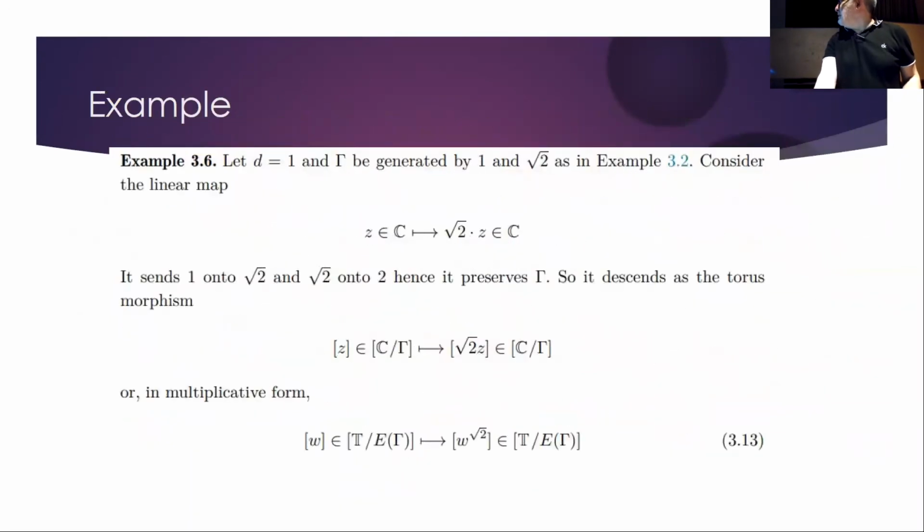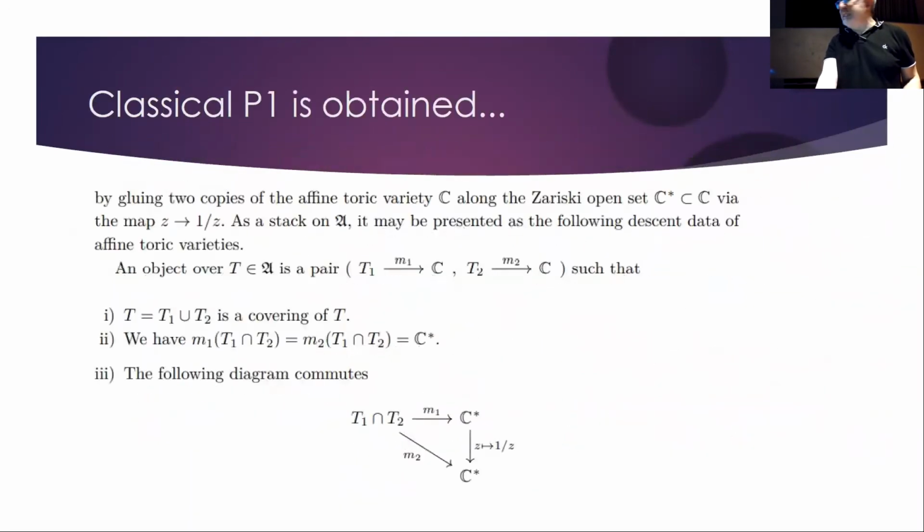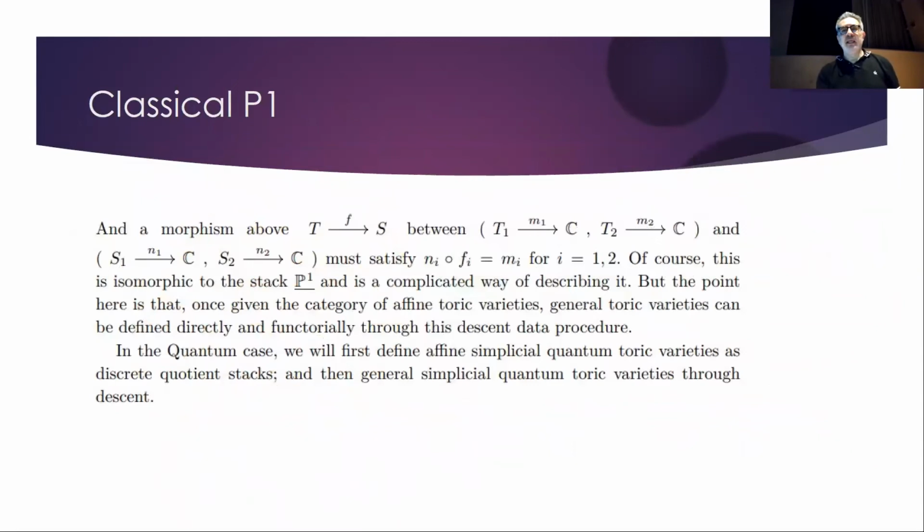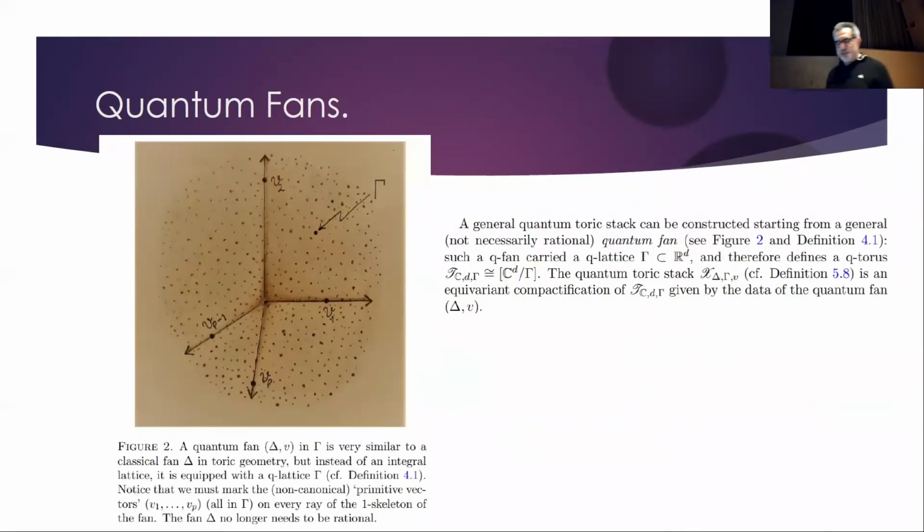So you have this descent data, and the whole point here is classical P1. And now I have to go a little bit fast. I'm very sorry. So this is a quantum fan.